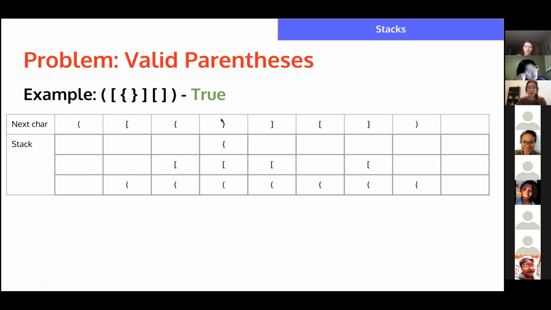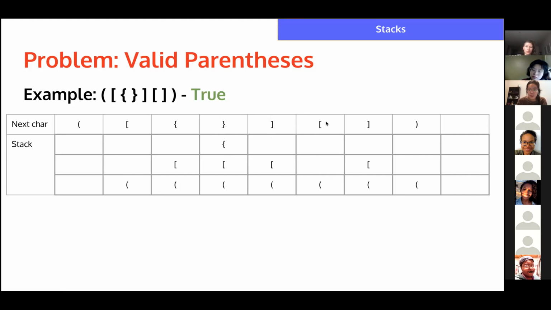And then once we reach closing brackets, we start taking things off, or popping, from the stack. So when we see a closing curly bracket, we check the stack has on it a corresponding curly bracket, then we can pop off that bracket. Similarly, when we see the closing square bracket, we pop off the square bracket we'd seen previously.